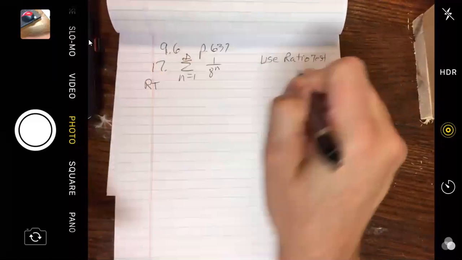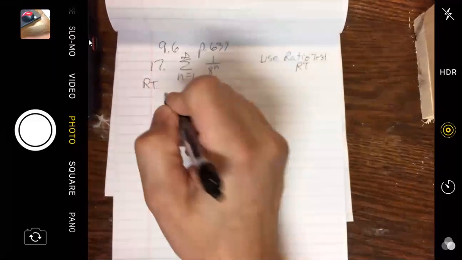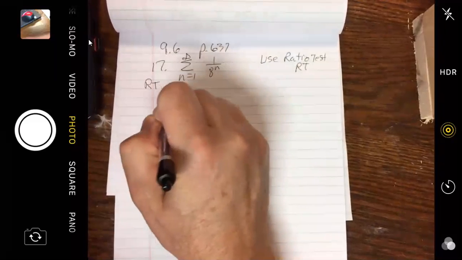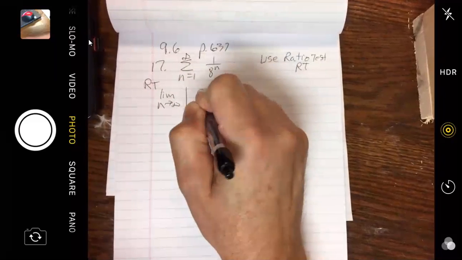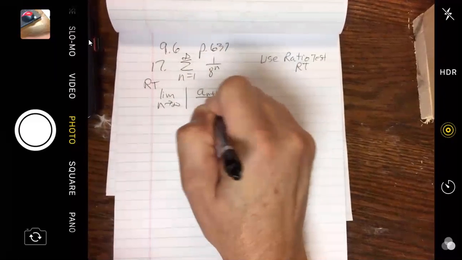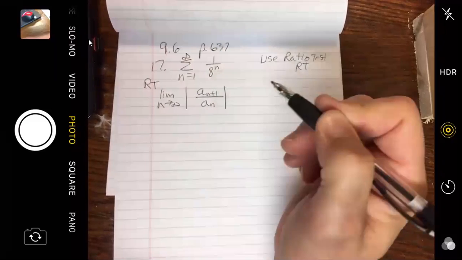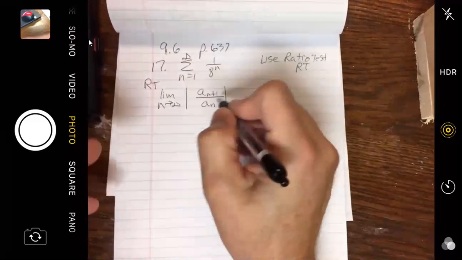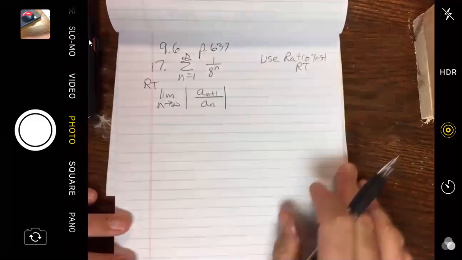Usually call this RT for short, ratio test. You want to take a limit as n goes to infinity of a_(n+1) over a_n. They use absolute value again to ignore any sign switching.